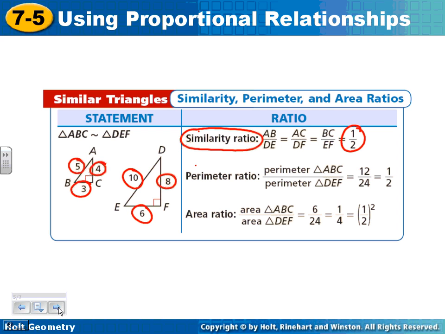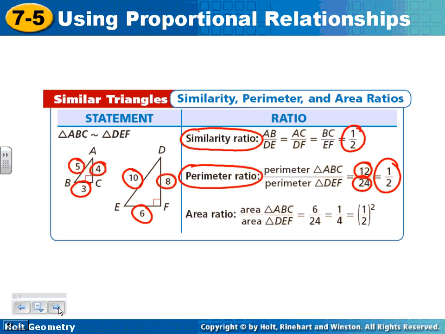But look at my perimeter ratio. If I take the perimeter of the first triangle, I get 12. And the perimeter of the bigger triangle, I get 24. That also comes out to be 1/2. So if your scale factor is 1/2, then your perimeter ratio is also 1/2.